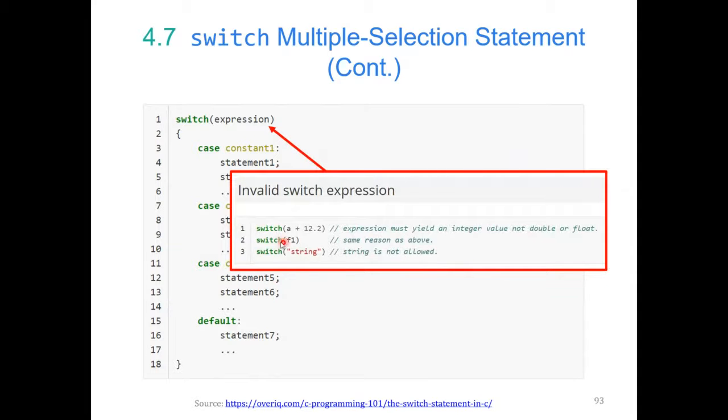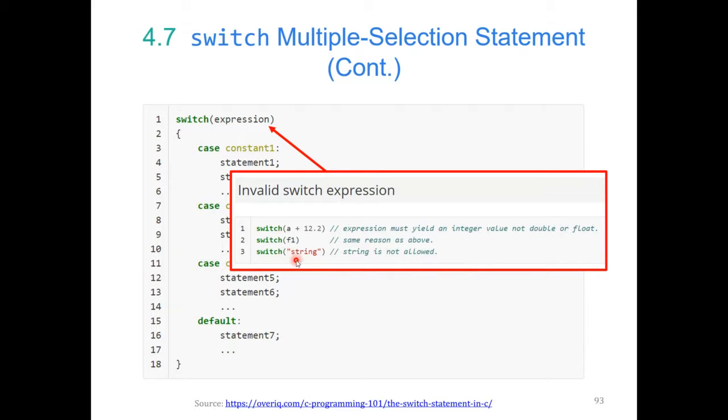Now let's look at some invalid switch expressions. If you write something like switch on a plus some floating point value, then this will not work. Probably will get a compiler error. If you have a floating value f, then again this will not work.